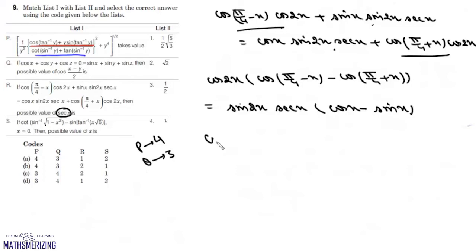We can simplify this as cos 2x, and this is cos a cos b + sin a sin b − cos a cos b − sin a sin b.